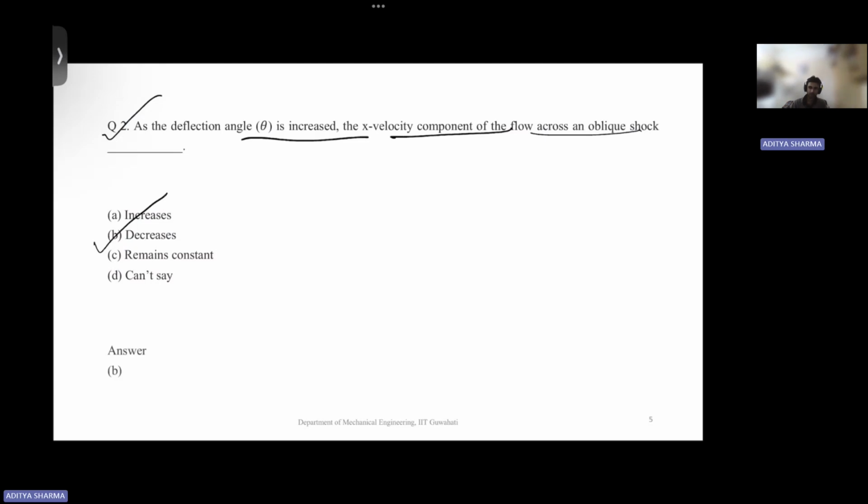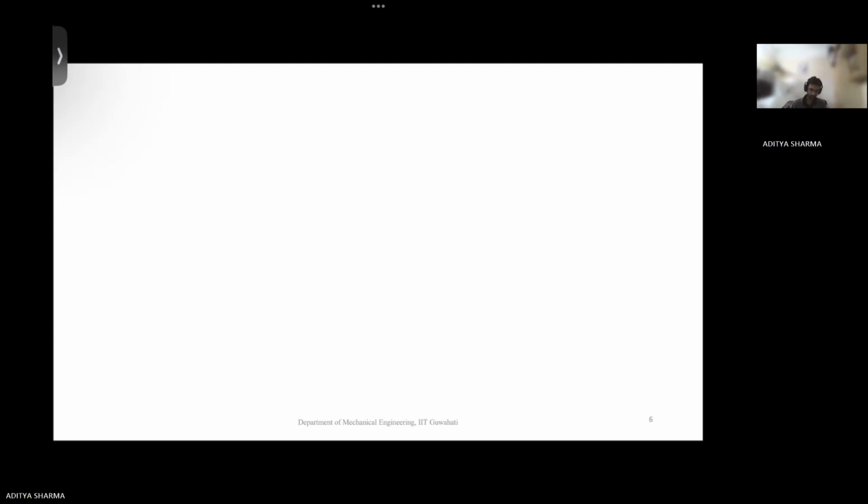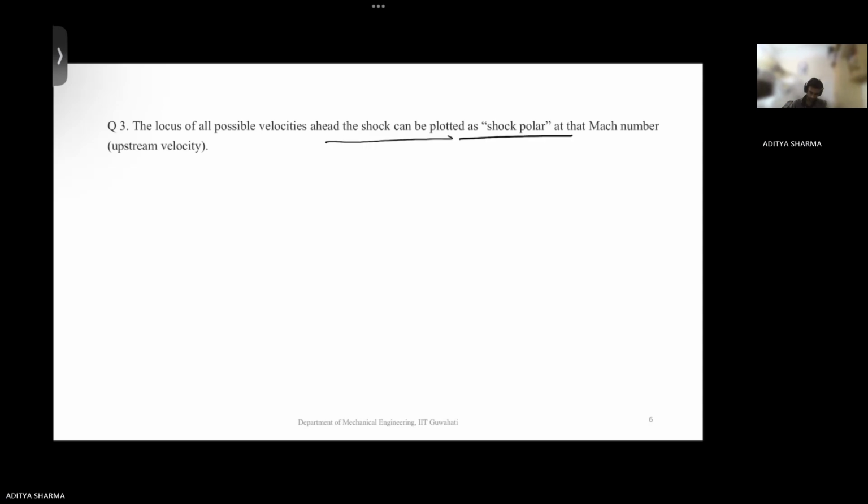Then next question we have. So this is from the definition of shock polar. The locus of all the possible velocities ahead of shock can be plotted as shock polar at that Mach number. So this is behind and not ahead.